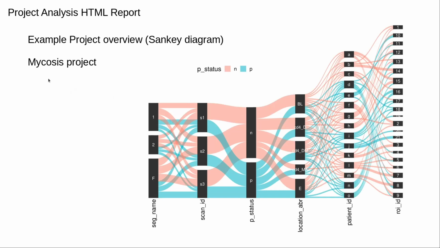It is exemplified by a mycosis project, and here the main thing about the segments was whether they were progressing or not, and we can see how the segments are divided into P and N here, but they are also divided into the different slides and the different cell types and the different patients.